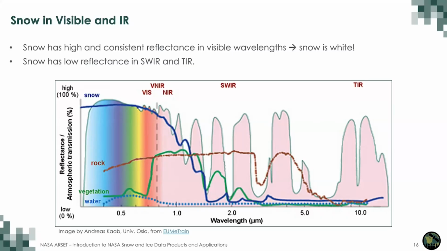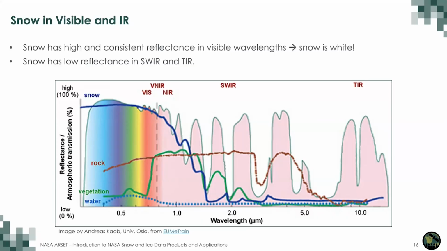And then the solid thick lines are the reflectance of the surfaces, how much energy in the visible or infrared range from the sun gets reflected back and potentially up to the sensor. And so snow, you can see, is in the visible range.